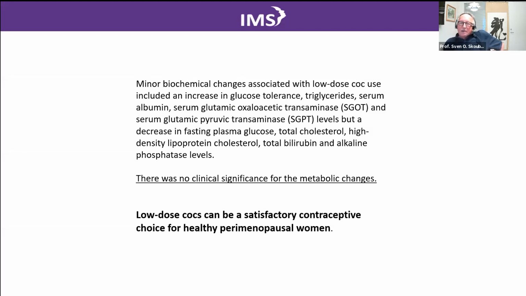Only minor biochemical changes were associated with the low-dose product in that situation, levonorgestrel, but it's the same with other products containing newer progestins, only minimal changes with no clinical significance. So the low-dose combined contraceptives can be a satisfactory contraceptive choice for all healthy perimenopausal women according to their perception of side effects, and therefore supporting or not supporting a good compliance.